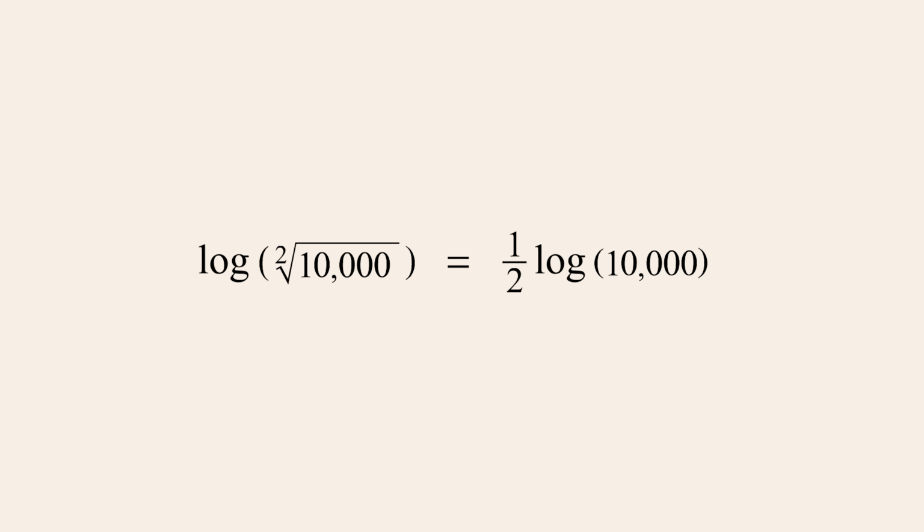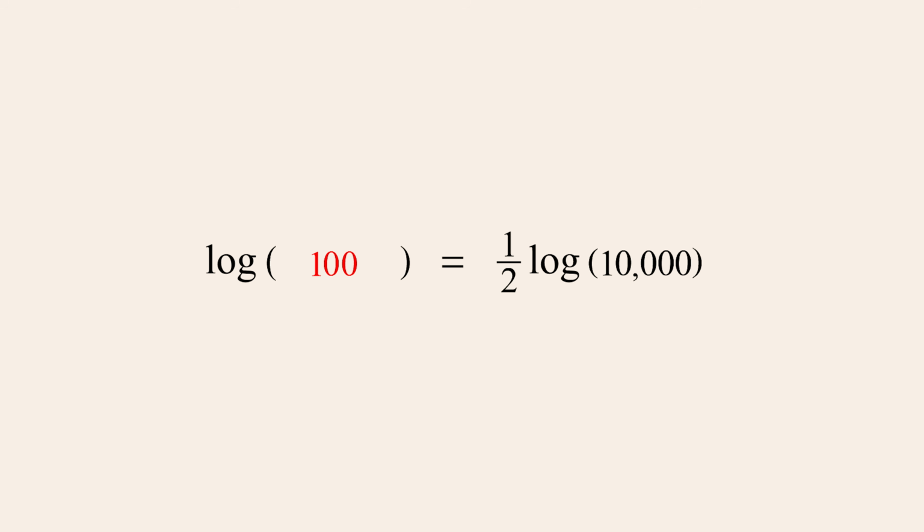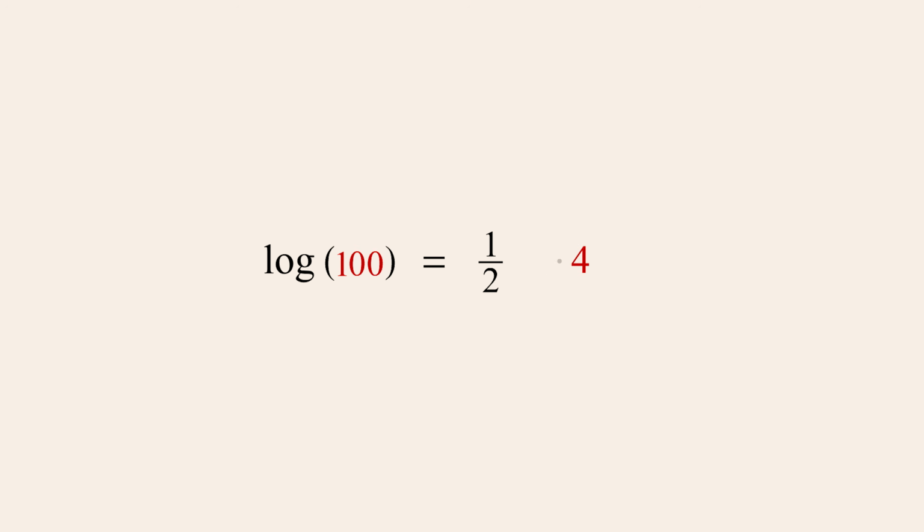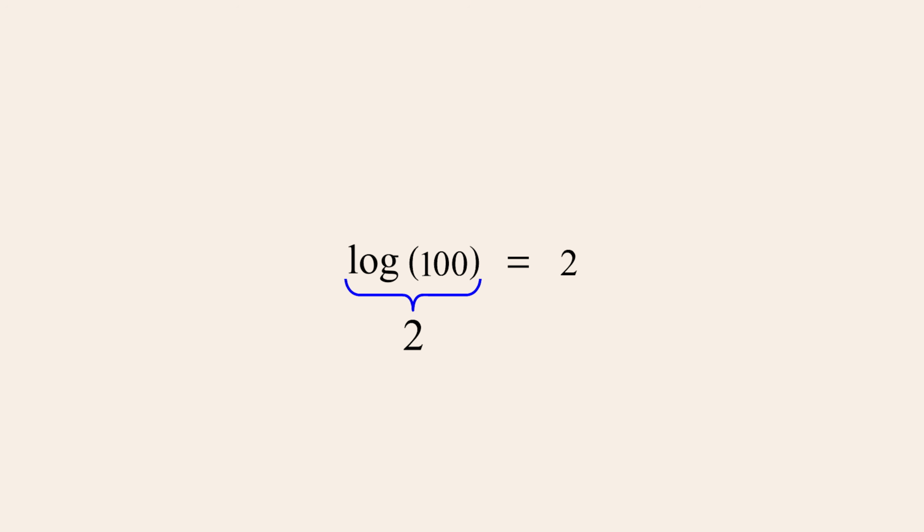The square root of 10,000 is 100. The base 10 log of 10,000 is 4. And 1/2 of 4 is 2. Since the base 10 log of 100 is also 2, this rule also works.